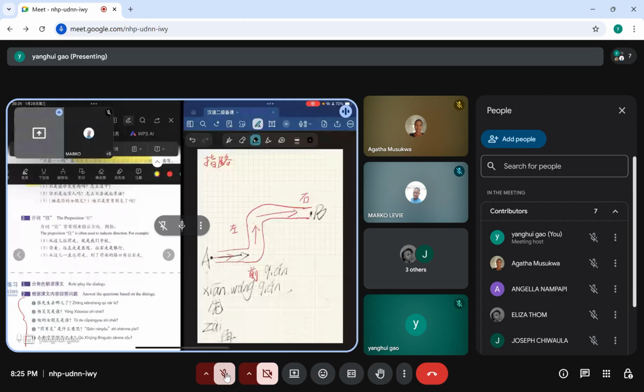Then the next action, 再. So we first go straight and then turn to the left, so we say 再往左. Then we turn to the right, then 再往右.